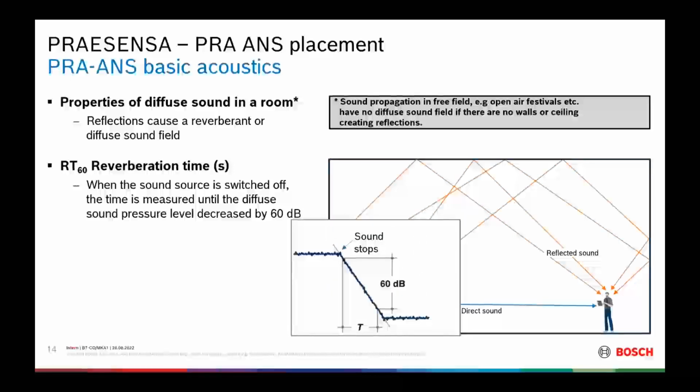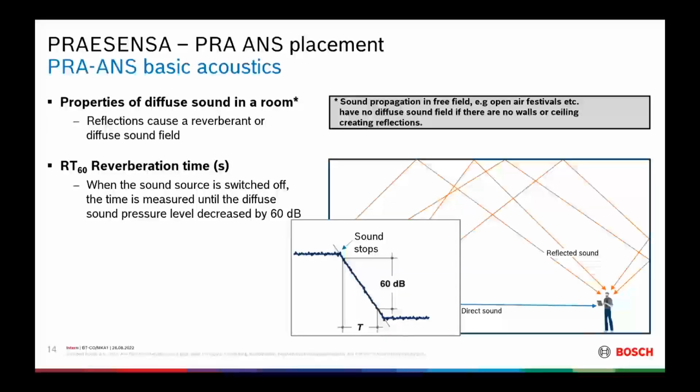And normally the characteristic of the room is described by the reverberation time. The reverberation time is defined as the time where your level of sound has dropped by 60 decibels after you switched off your sound source.